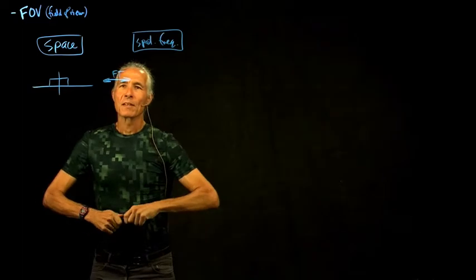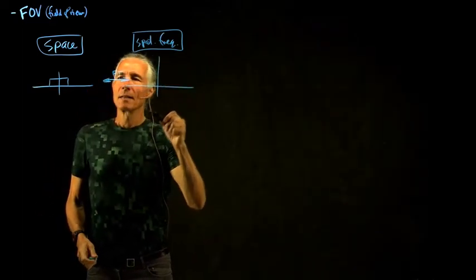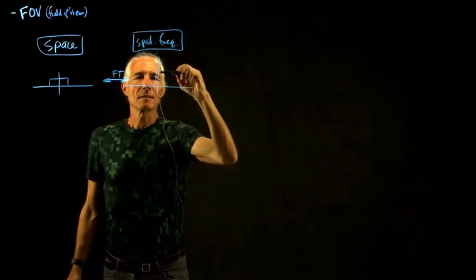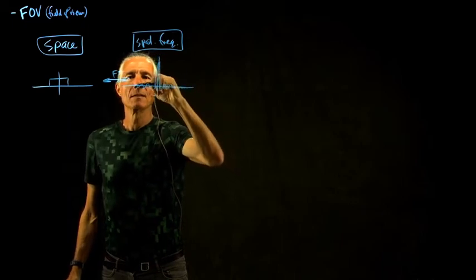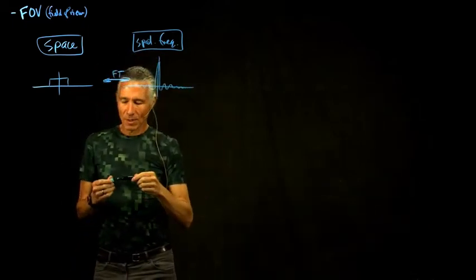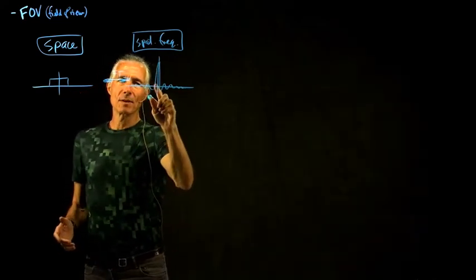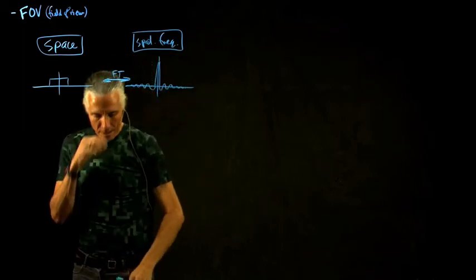So if we look at this Fourier transform here, it's something like a sinc. If you look at a Fourier transform of a brain, it will look more or less like a sinc. It's got a big bright spot in the center and then little ripples going out.